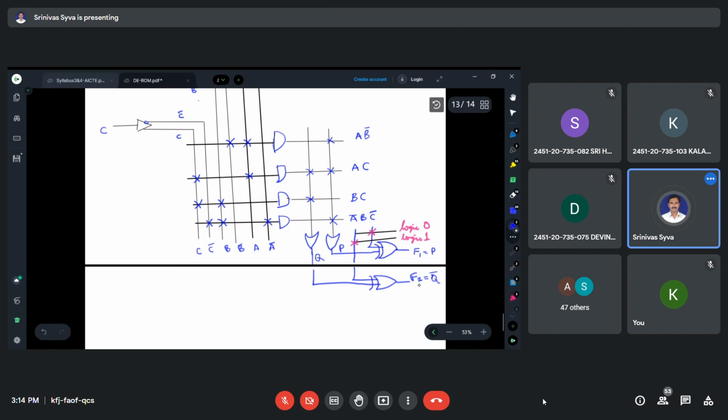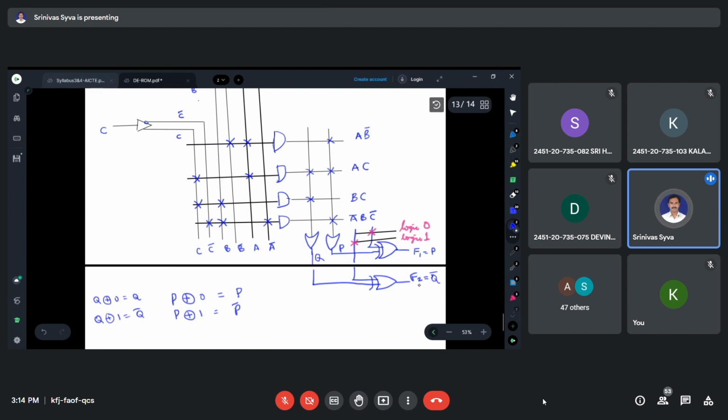We know that P exclusive OR with 0 is given by P only, or P exclusive OR with 1, P bar comes. This is a basic fundamental. Similarly, we know that Q exclusive OR with 0 is Q. Q exclusive OR with 1 is Q bar.